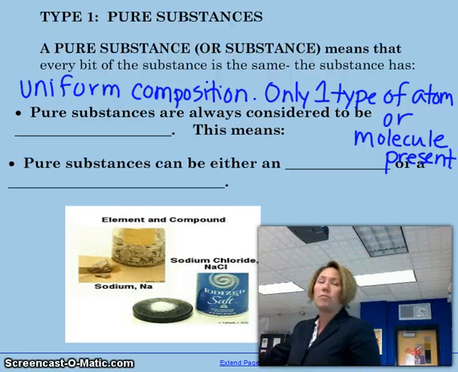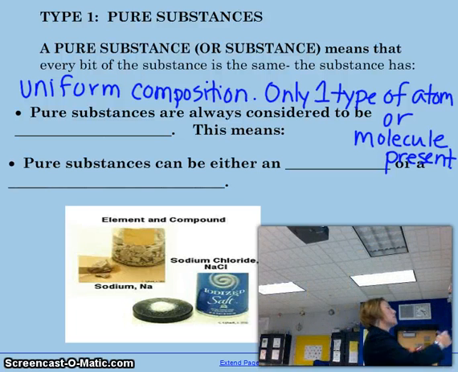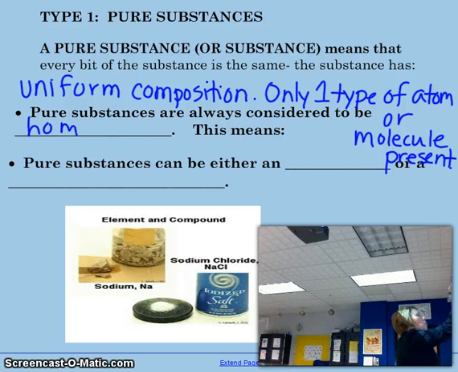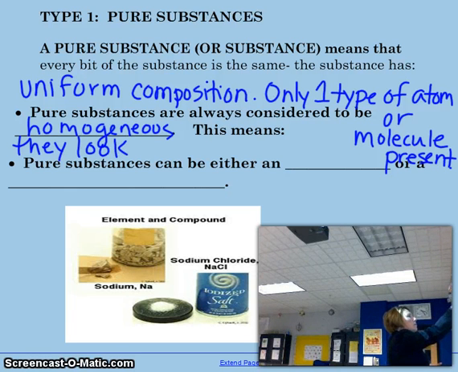All pure substances are homogeneous. That's a new word for you. Homogeneous means that they look like only one thing.